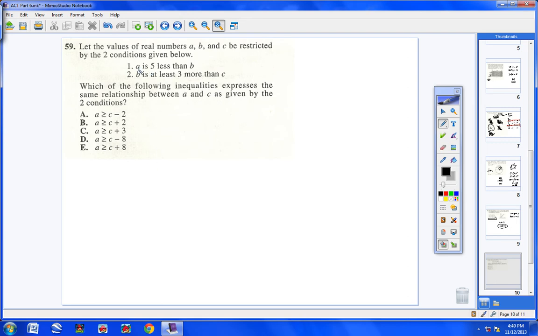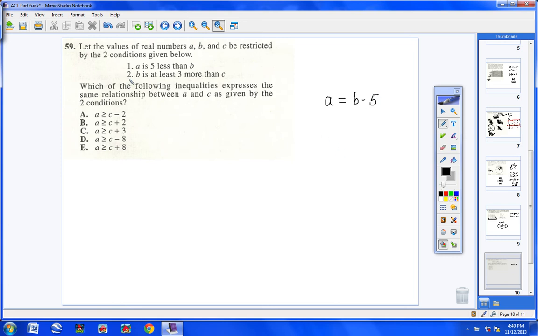So number one, A is 5 less than B. So A is means equals in math terms, so A equals, and if is means equals, then I have 5 less than B, so B minus 5.